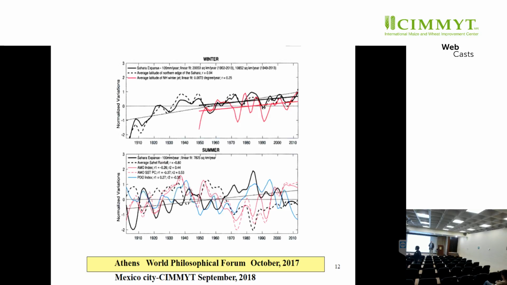As far as I know, it's the only one which has tried to quantify what is going on in that part of Africa, but also at other deserts. They claim that, in fact, all the deserts have a behavior similar to that.